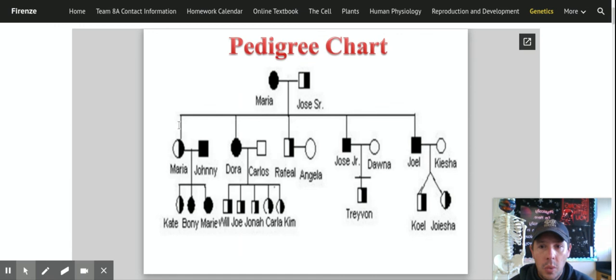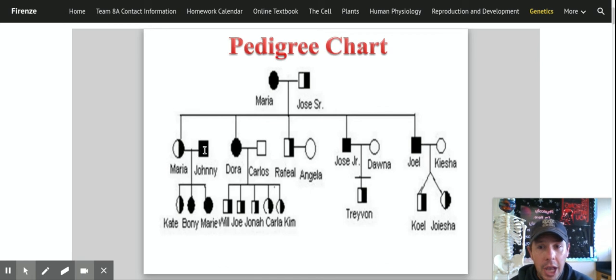They had 1, 2, 3, 4, 5 children. They had Maria, Dora, Rafael, Jose Jr., and Joel. Okay, so they had 5 children. 1, 2, 3, 4, 5. That's generation 2.